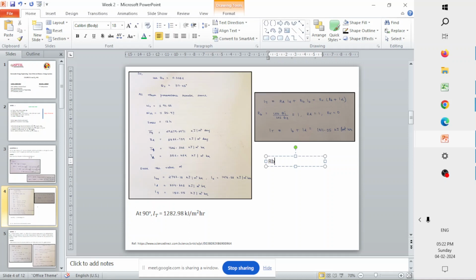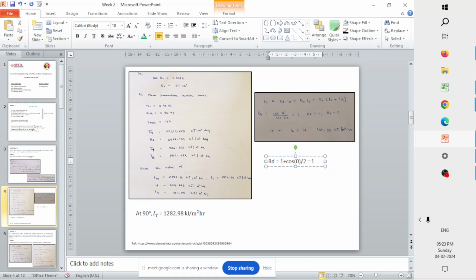Rd is equal to 1 plus cos of beta, that is cos 0, divided by 2. So cos 0 is 1 and this will be 1.